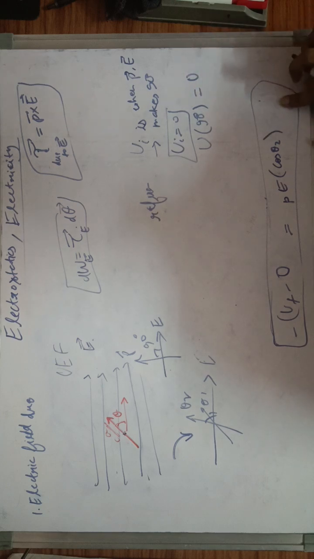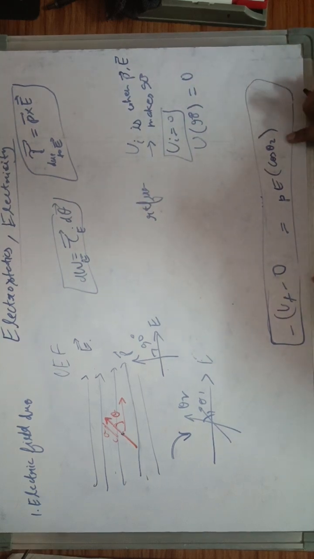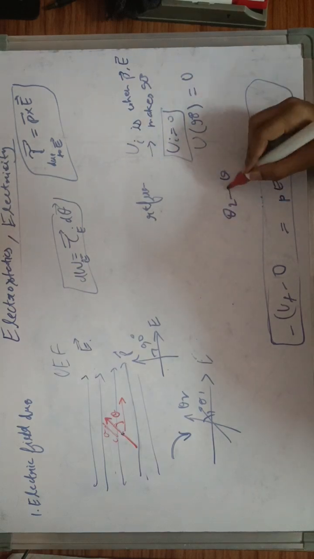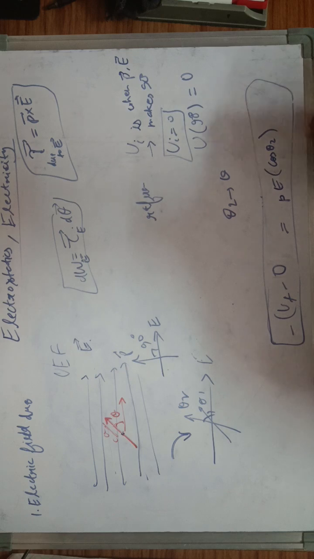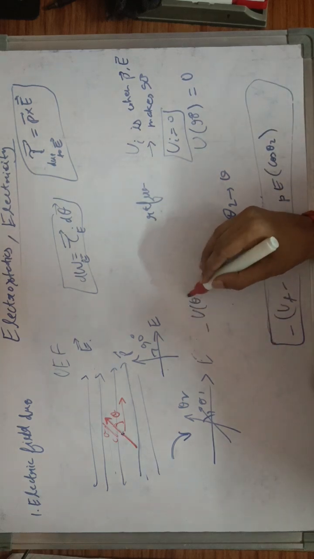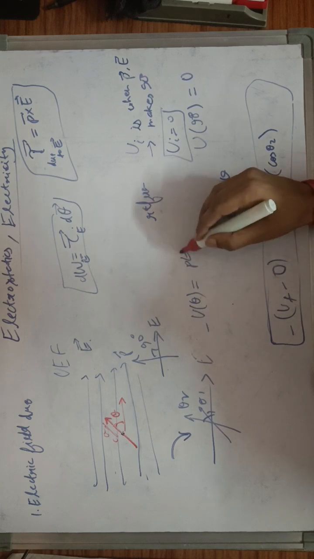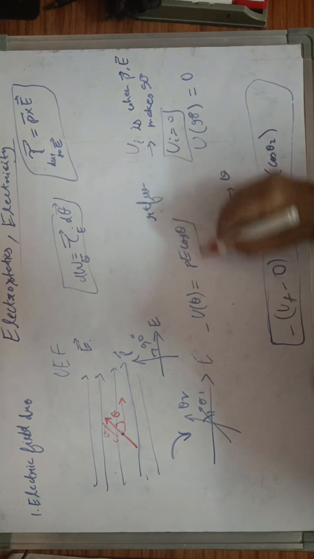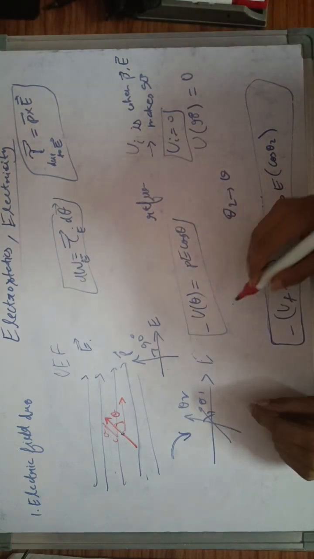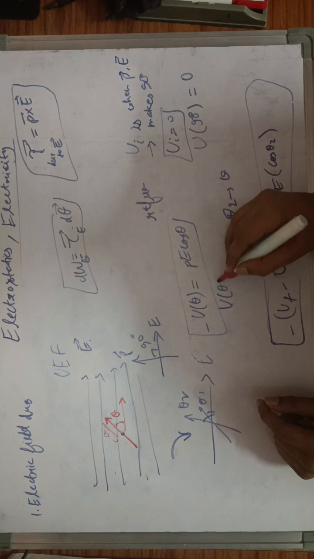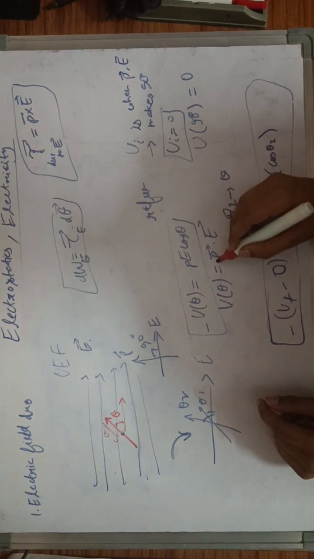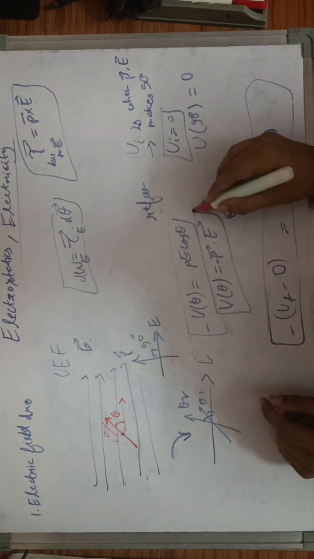This gets eliminated. Now since there is only one θ here, I can simply write this θ2 as θ for simplicity. So this will give the formula: minus U at any angle θ is equal to PE cos θ.